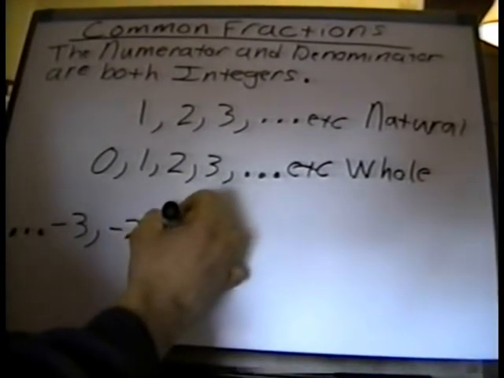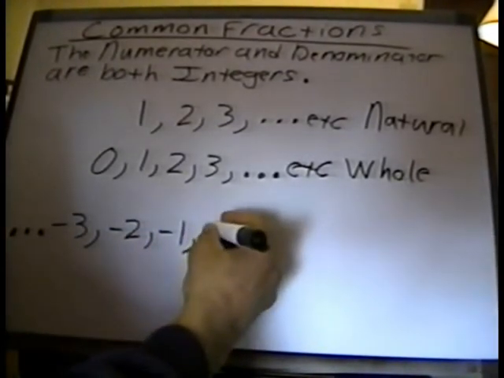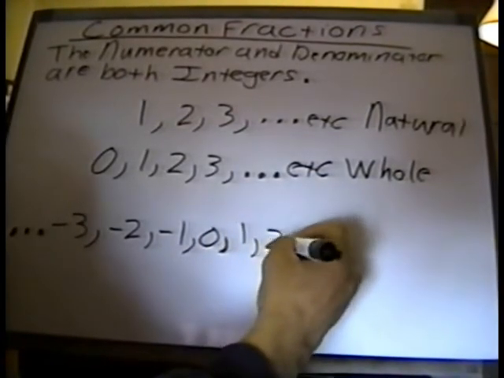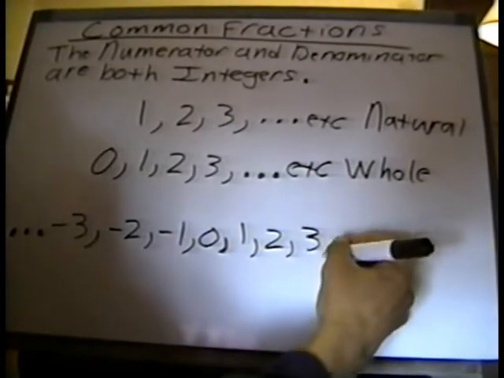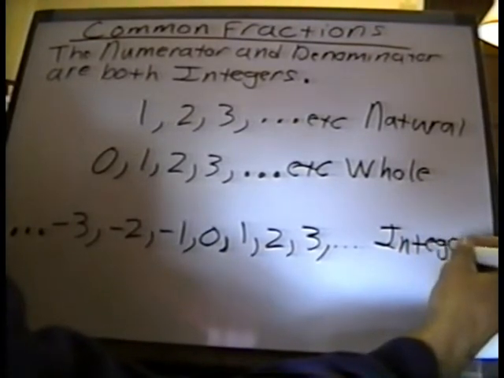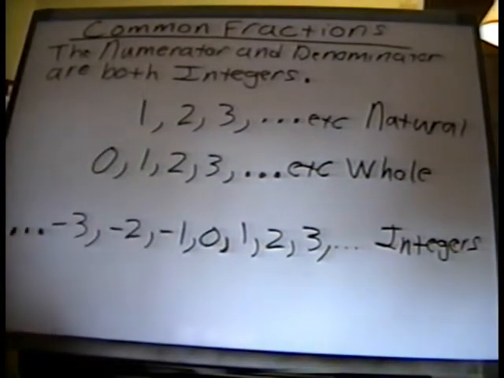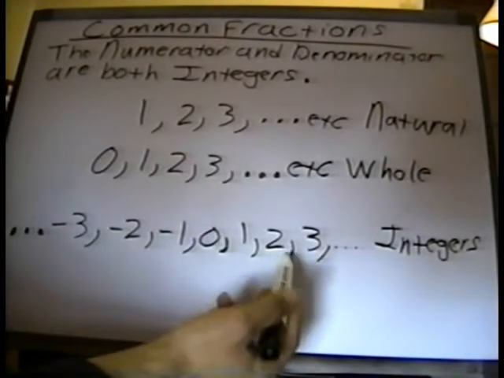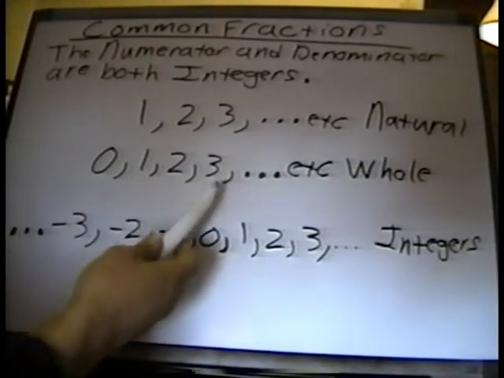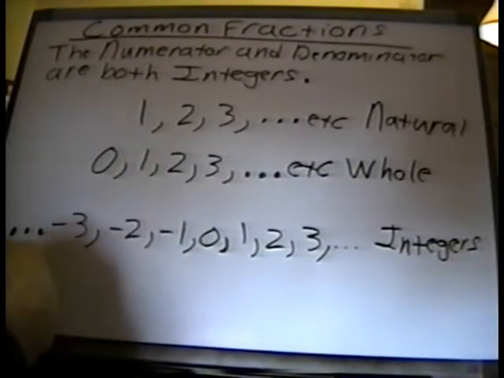But for integers, we include those numbers less than 0, the negative numbers. That's what we call integers. So when the mathematician says integers, it's really referring to all the numbers, inclusive of whole and natural.